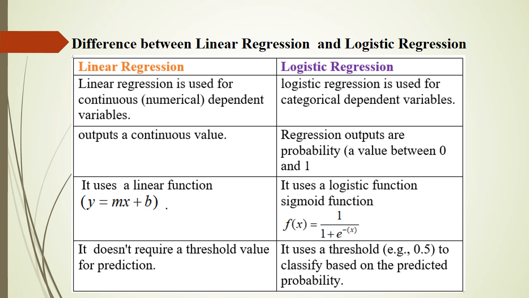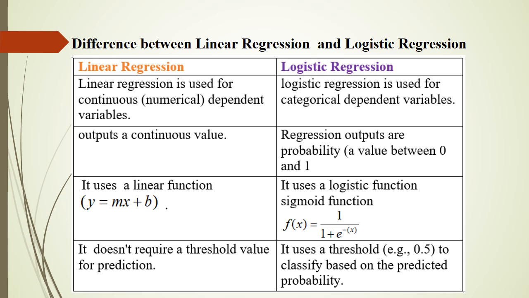Linear regression is used for continuous dependent variables, whereas logistic regression is used for categorical dependent variables. So this is the main difference. The output is a continuous value in the case of linear regression, but in logistic regression, the output is a probability, a value between 0 and 1, which means it's discrete, so either 0 or 1.